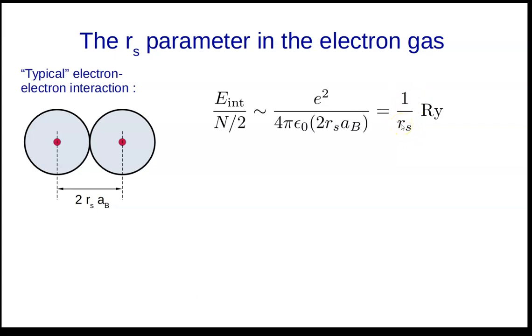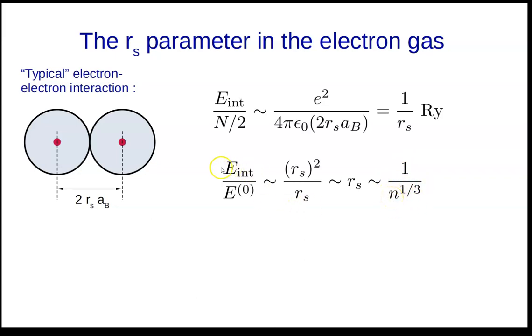So the ratio between the interaction and the kinetic energy terms is proportional to Rs, linear with Rs, or goes with the cubic root of the density.